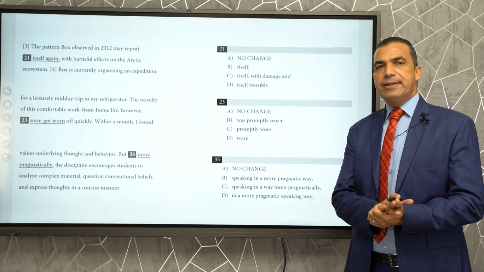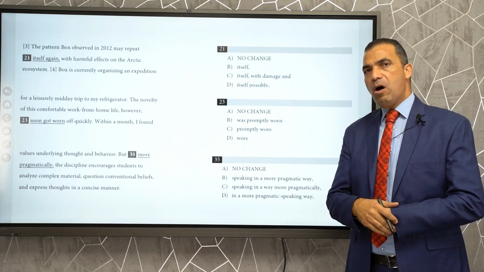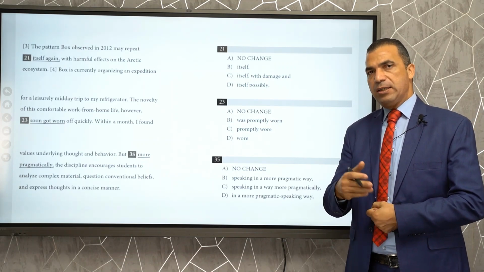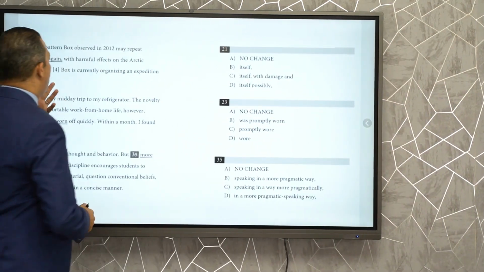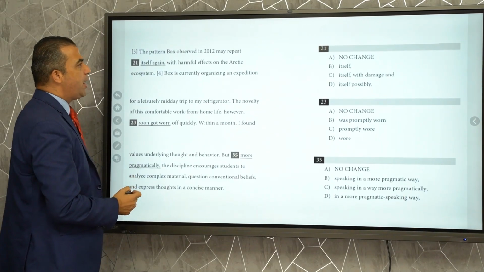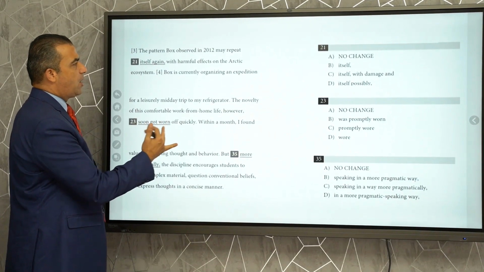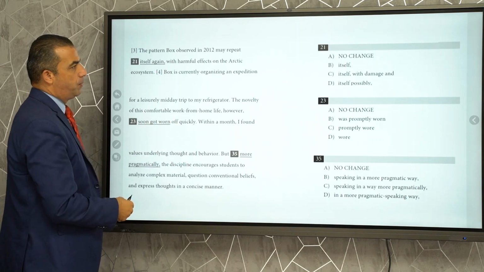Let's see our exam questions that come so often on your SAT, ACT, and EST exams. The pattern observed in 2012 may repeat itself again with harmful effects on the aquatic ecosystem.